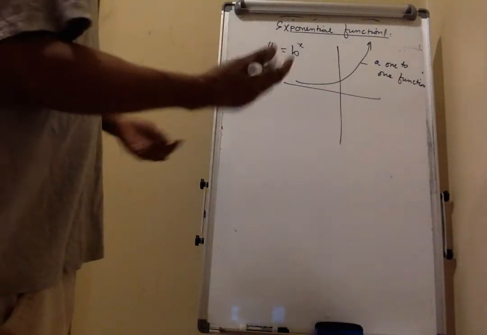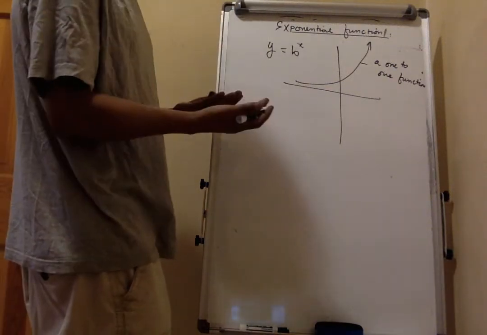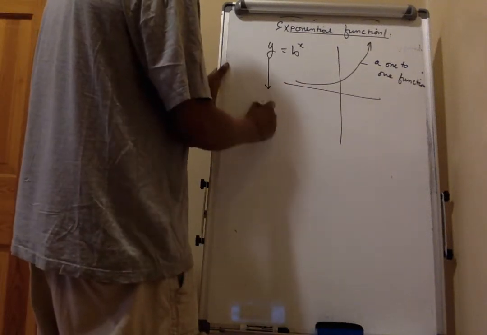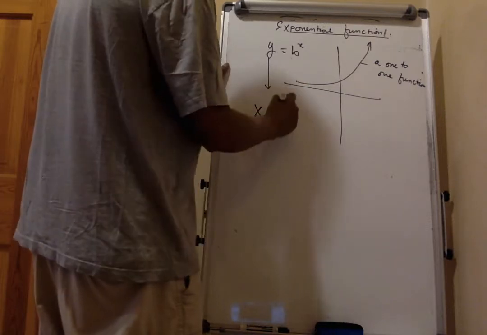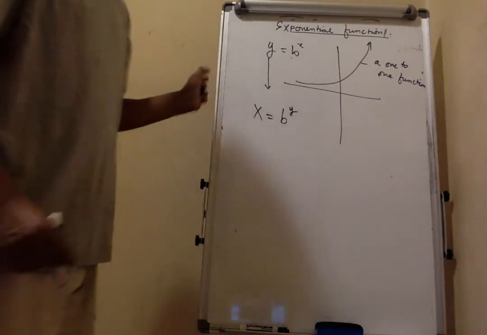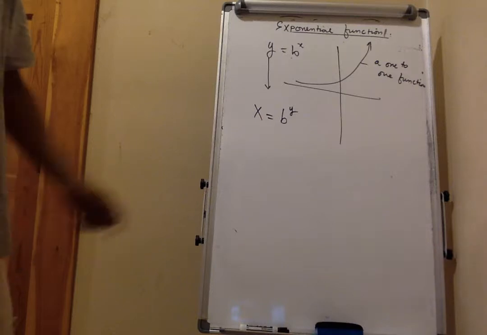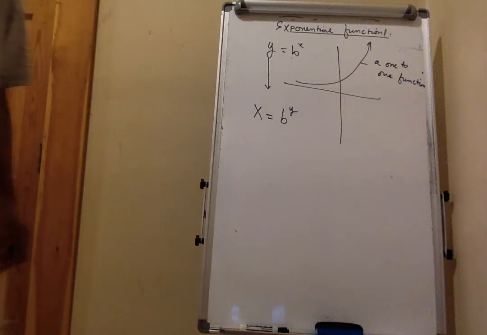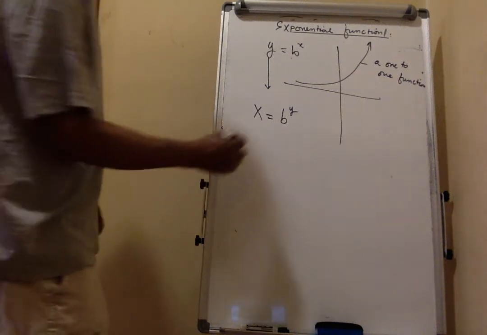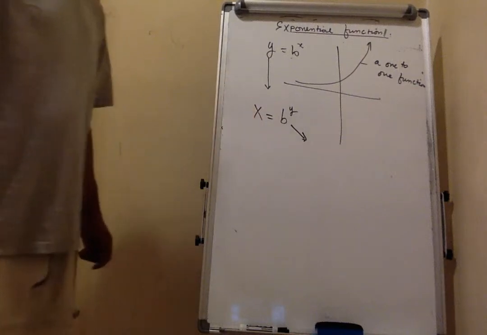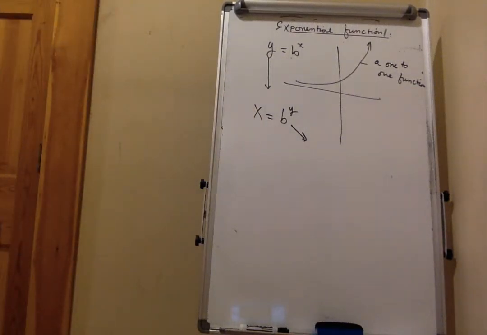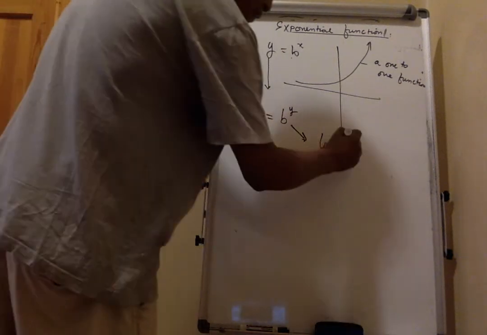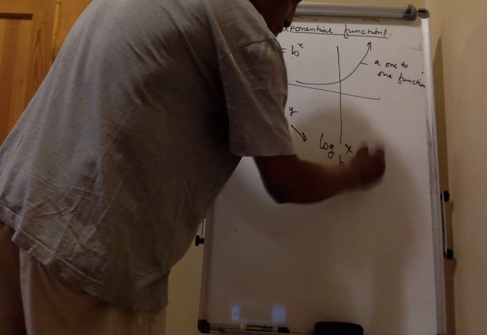Now, you remember when we were talking, replace y by x and solve for y to find the inverse function. So replace y by x: x is equal to b to the y. But unfortunately, we can't go any further, because now we have to find the exponent if x and b are given to us. But there is another way of writing x is equal to b to the y, which is the logarithm of x, base b, is equal to y.